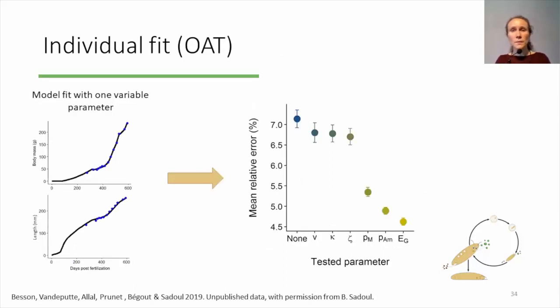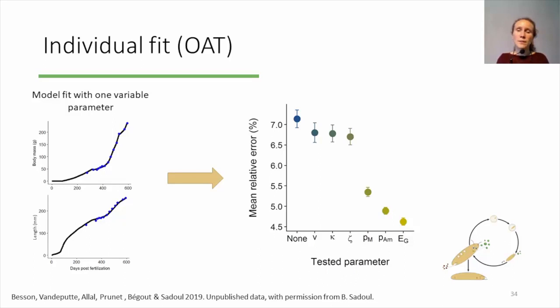In the next example, they actually fitted a full DEB model. But instead of using a covariation method where they estimated all parameters together, as they did for the von Bertalanffy growth, here they simplified the problem by using again a one-at-a-time approach. So they fixed all parameters to the best average species parameter value.